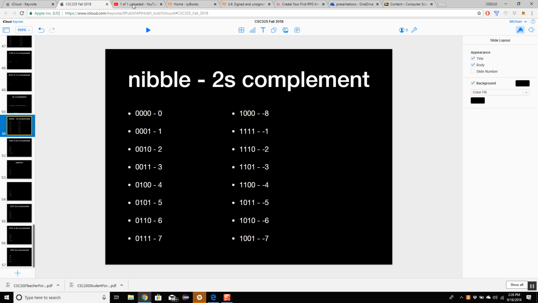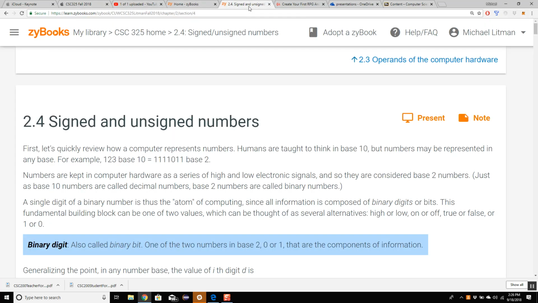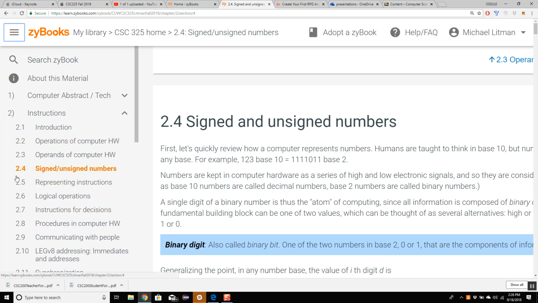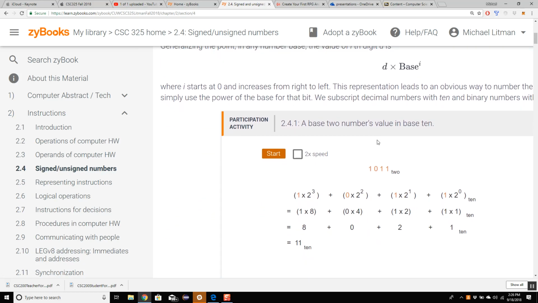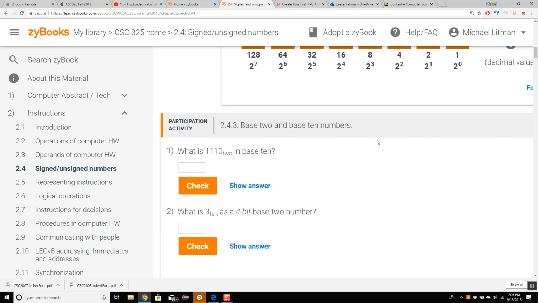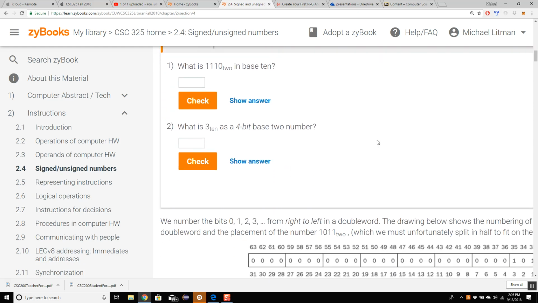So what I'll do for next class, and hopefully this fills in some gaps from anything we talked about today, go ahead and read section 2.4. I might give you a quiz on Thursday, but if I give you a quiz, it'll be the difference between those 3 representations.